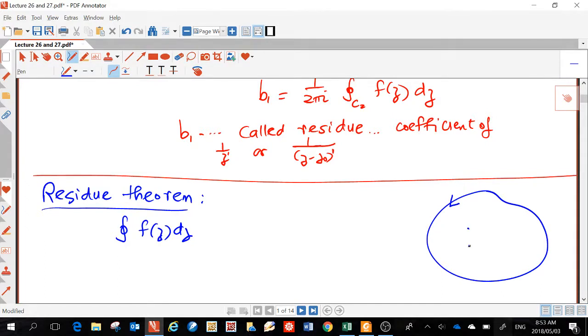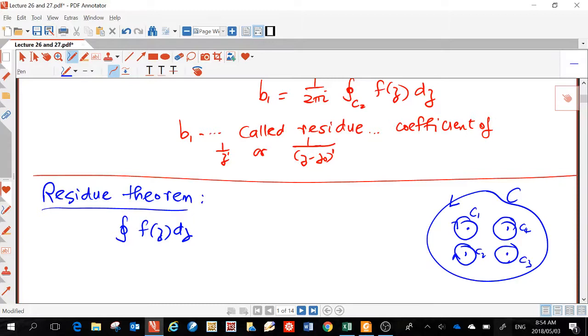So if there are some bad points inside here, we can draw circles around them, isolate them. Technically, we can draw some tubules connecting them to the outer one, where the direction will change inside. It will go opposite to the C. Let's call them C1, C2, C3, and C4.